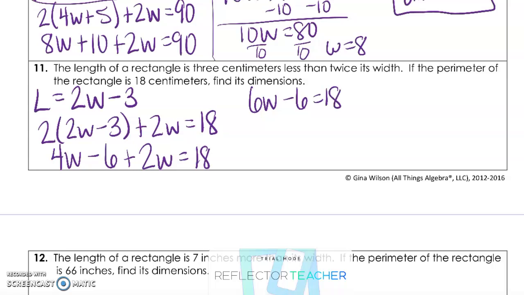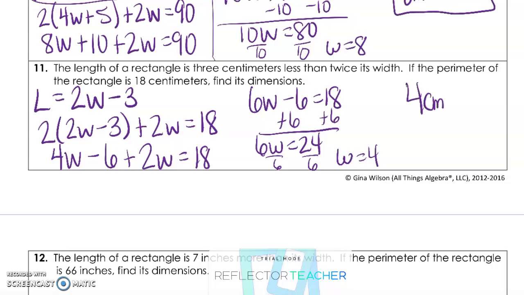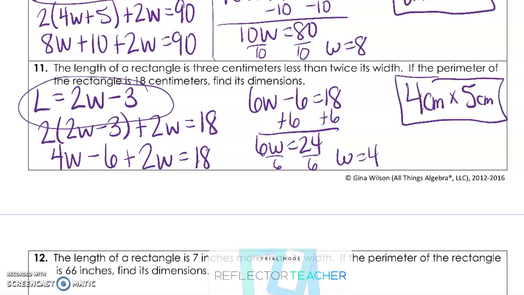Again, if you can do some of this in one step instead of two, that's great. Add 6 to both sides. 6w equals 24. Divide by 6, and w equals 4. So we know we have 4 centimeters by, go back to use this, 2 times 4 is 8, minus 3 gives us 5 centimeters. So the dimensions of that rectangle are 4 centimeters by 5 centimeters.